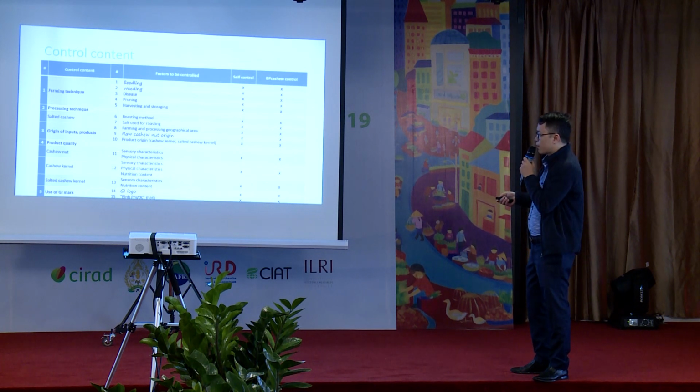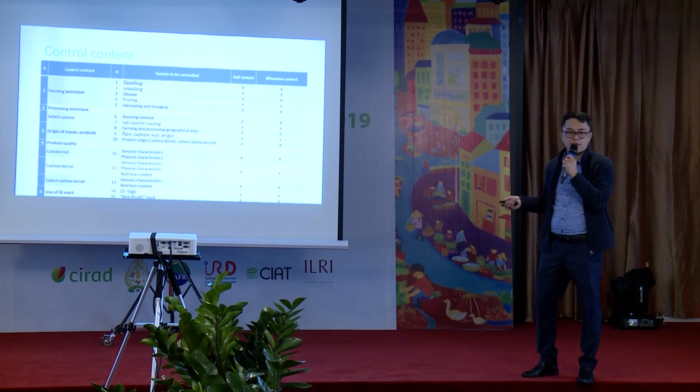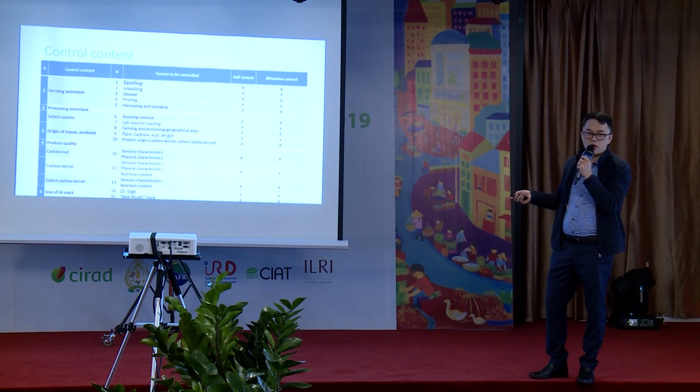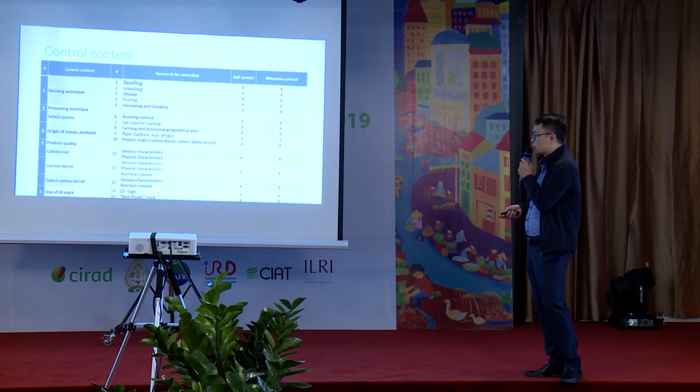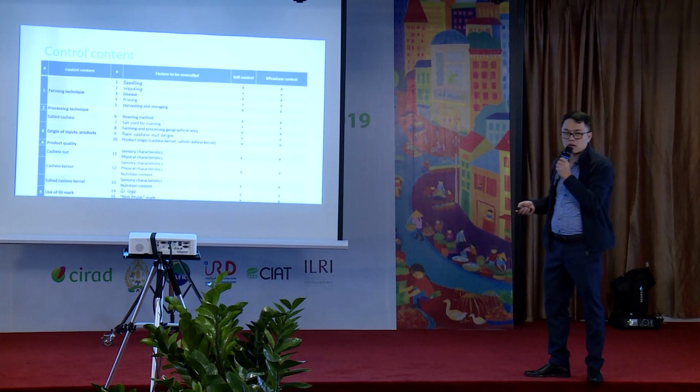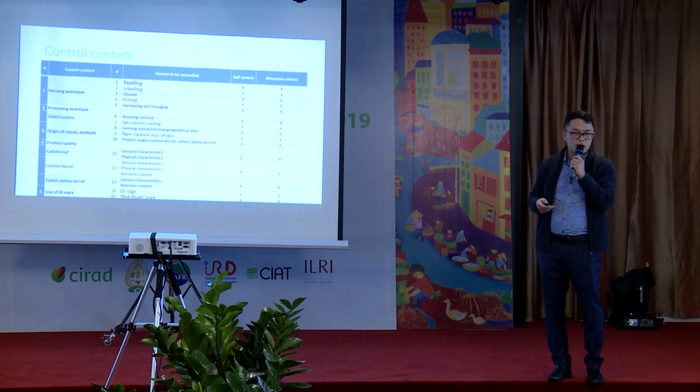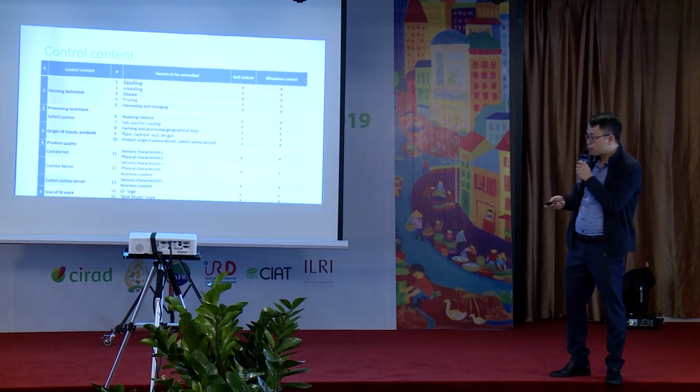This is the specification of the GI product, so it is very important to control these factors. And the last category is the control of the use of the GI mark. The GI mark here includes the GI logo and the mark Bình Phước cashew nut, or hạt điều Bình Phước in Vietnamese.